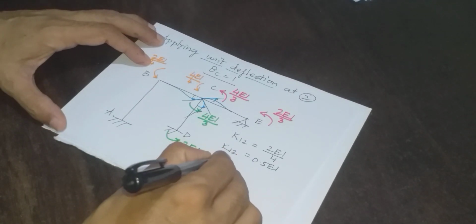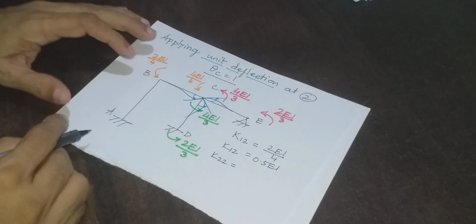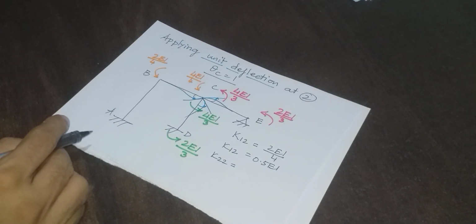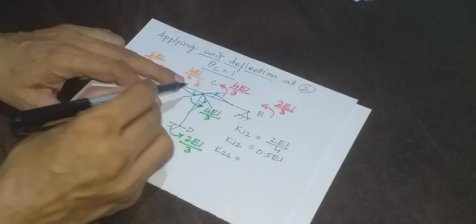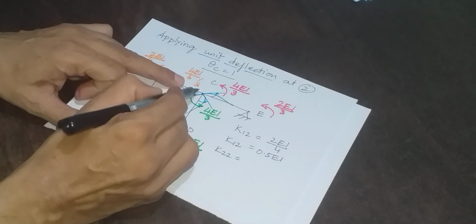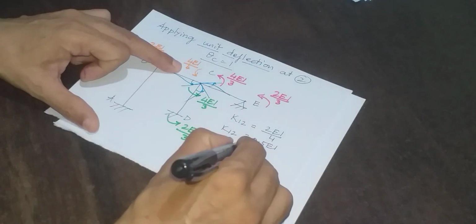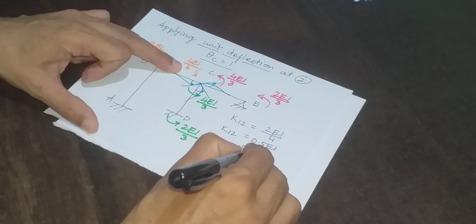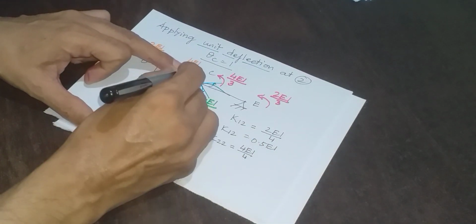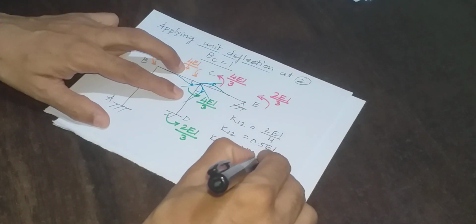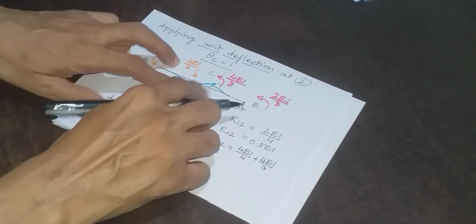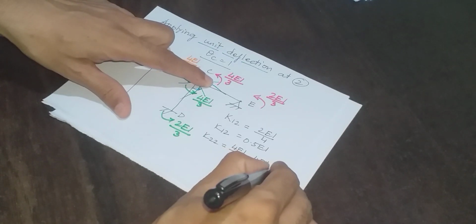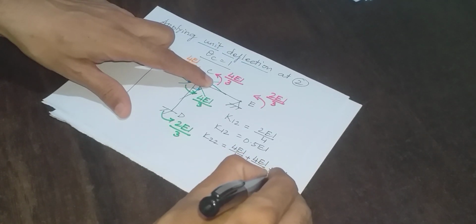What is K22? K22 is force at coordinate 2 due to unit deflection at coordinate 2. What are the various forces at coordinate 2? My coordinate 2 is anticlockwise rotation at C. So my first force is 4 EI by 4 plus 4 EI by 3 in the portion CD plus 4 EI by 3 in the portion CE.